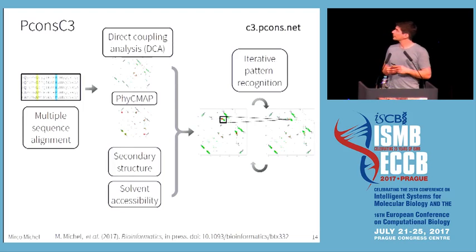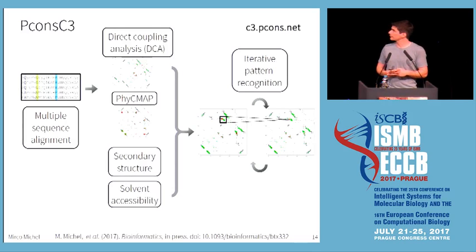Based on these contact maps, we iteratively improve them. So for each contact that we predict, we also take the contacts in this window into consideration, and then predict this contact map. In the next step, we use this as input and predict the next step, and so on.